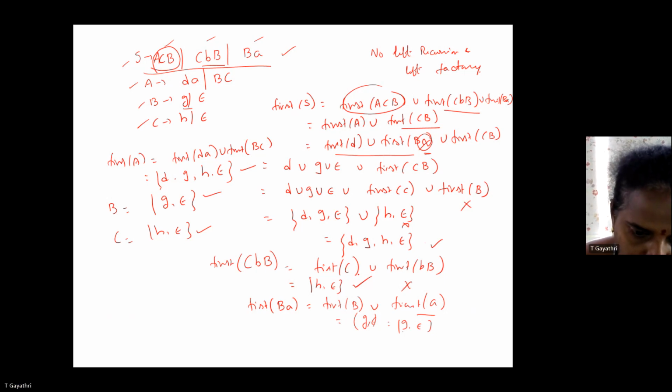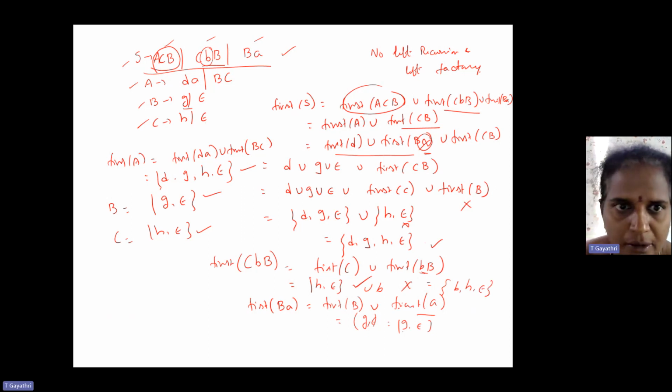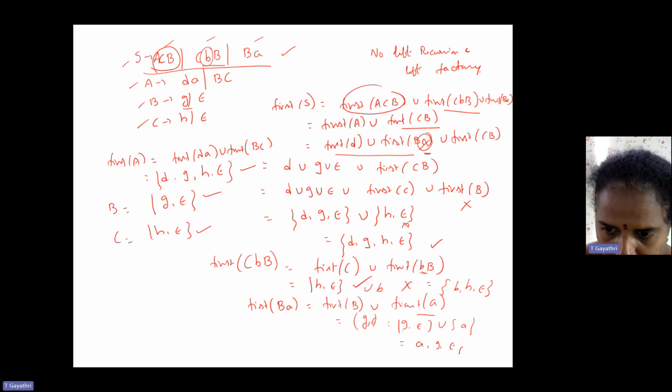And next, the third part: here C gives h, epsilon, and next one is the terminal, so I can include first of B, which is the terminal b. So finally b, h, epsilon. Similarly for Ba, union a also. So finally a, g, epsilon.